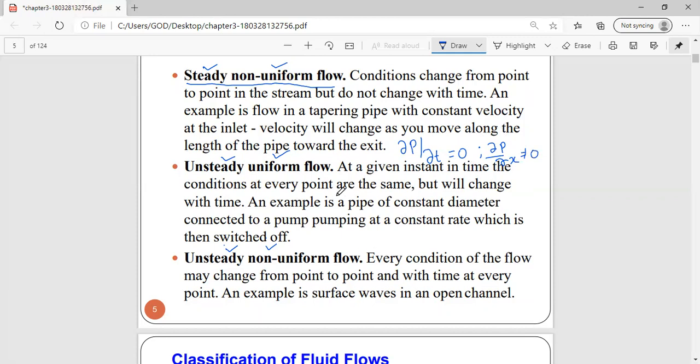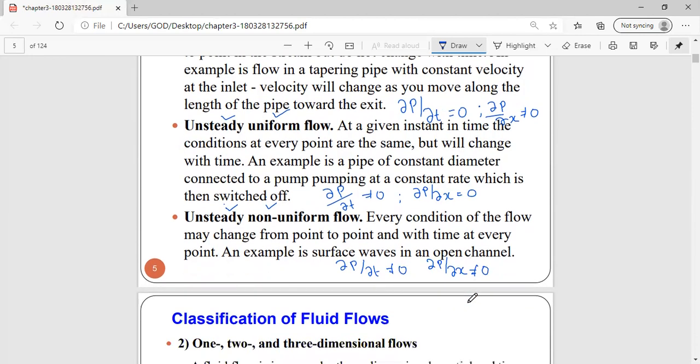For unsteady uniform, dou p by dou t is not equal to 0 because it is changing, but it is uniform, so dou p by dou x is equal to 0. For the last equation, dou p by dou t is not equal to 0 because it is changing with reference to time. Similarly, it is changing with reference to space also, so not equal to 0. Okay, I hope you understood this.